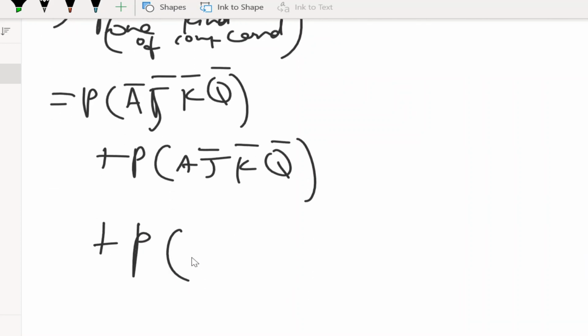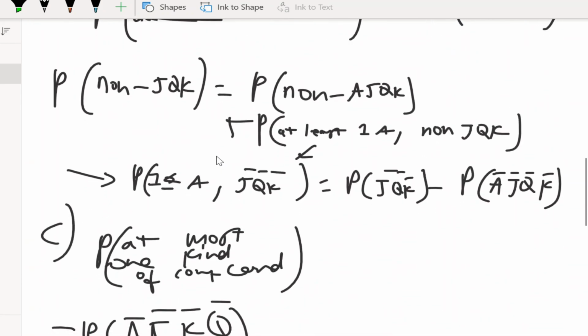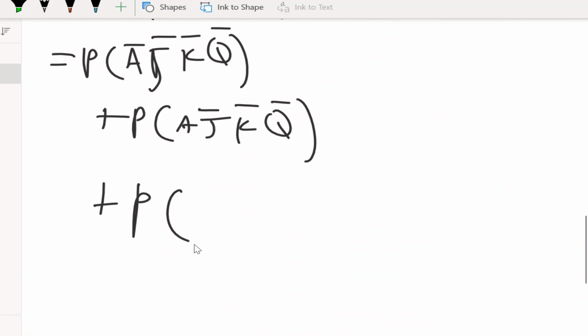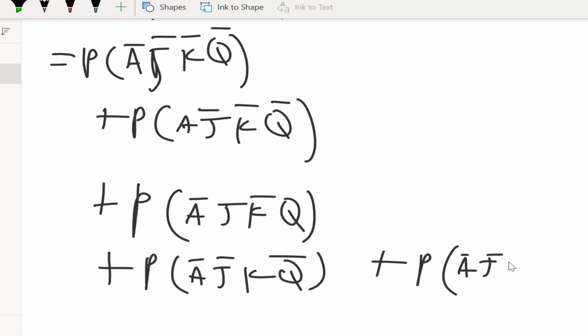Okay, at most one kind of court card. Okay, yeah, no, okay, just had to make sure. Okay, so then this is jacks allowed. This is kings allowed. And this is queens allowed.